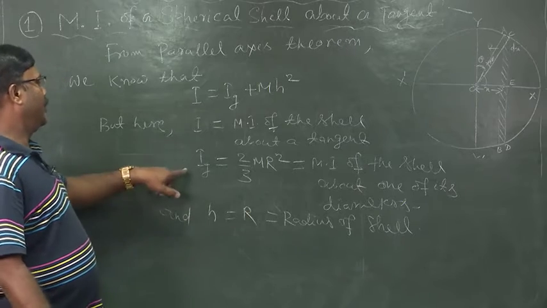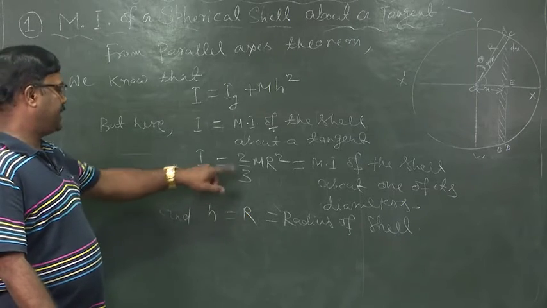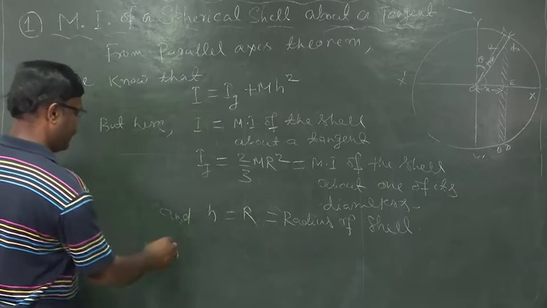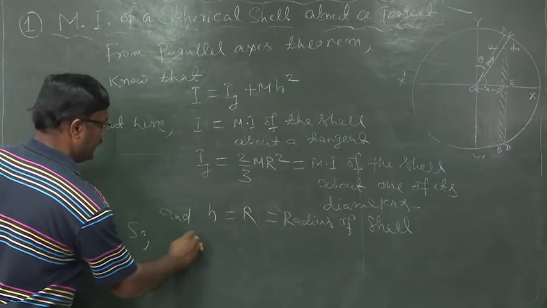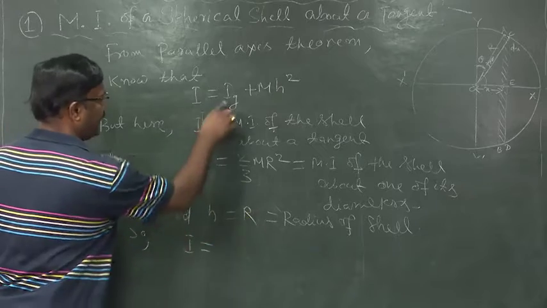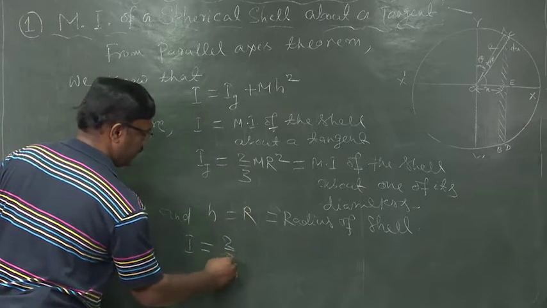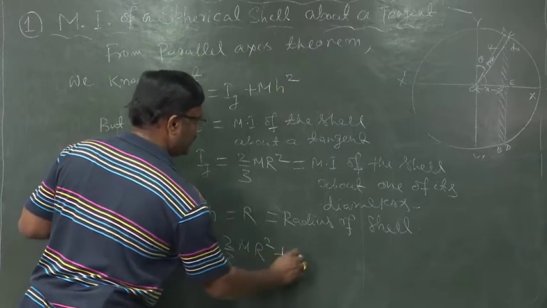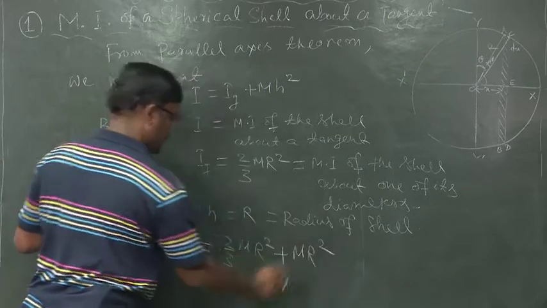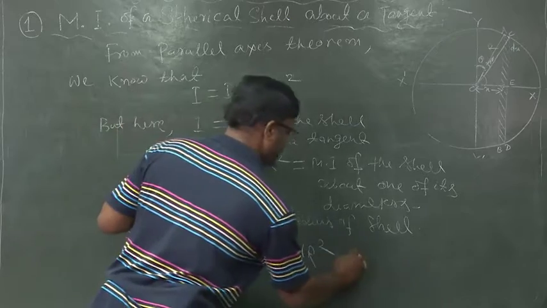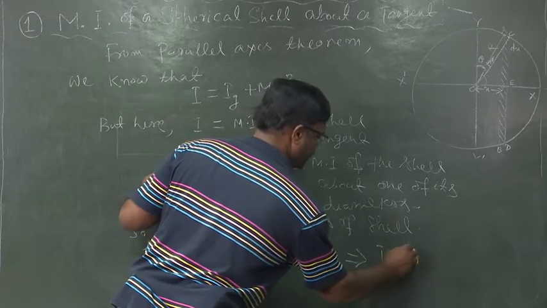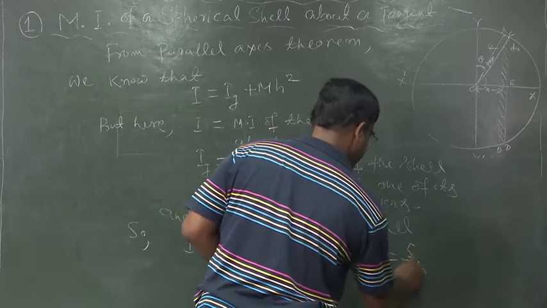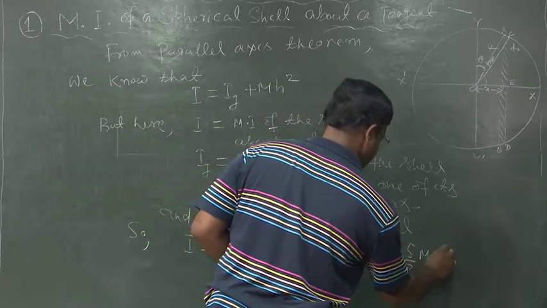So putting the value of Ig and h here we can write, I is equal to Ig, which is 2 by 3 m r square, plus m r square, which implies I is equal to 5 by 3 m r square.